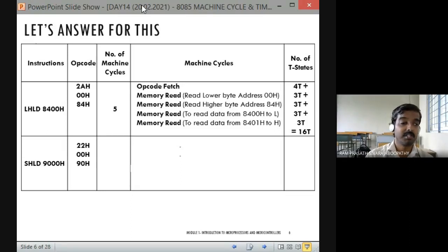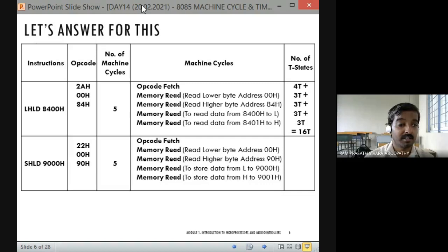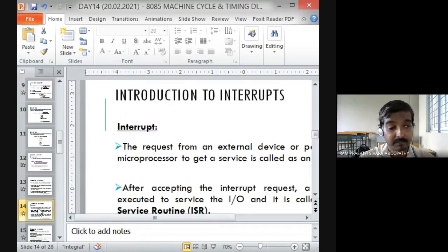Fine. So similarly for SHLD it is opcode fetch, memory read, memory read. What about the other 2 machine cycles? Here we are storing to the memory, correct? Loading means read from memory, storing means write to memory. Yes, to memory. Here by mistake I have typed memory read, it's memory write only. Sorry, wait a minute.